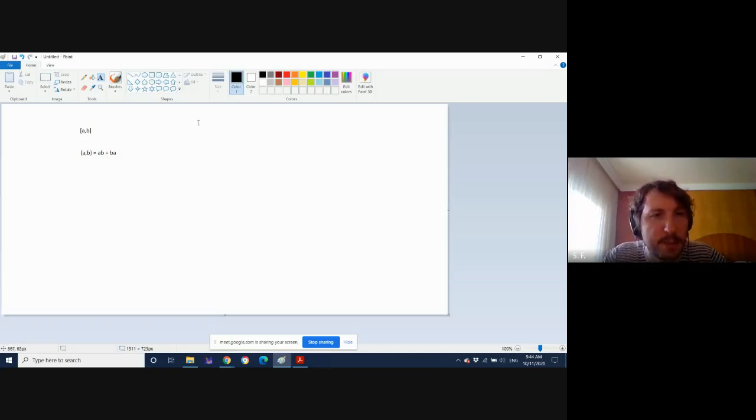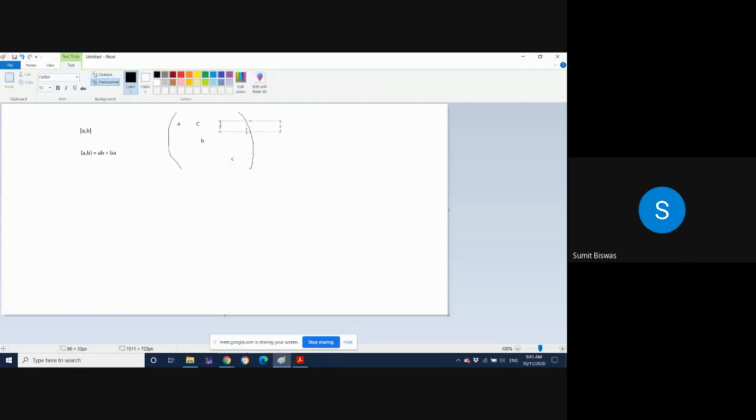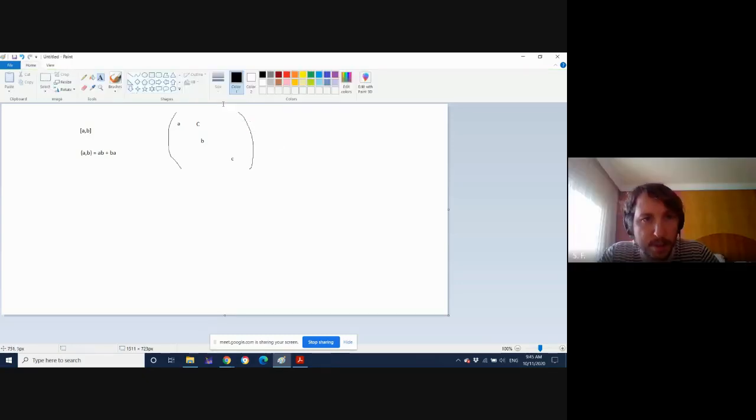And there's a very, very special Jordan algebra, which is built as 3x3 matrices where the entries are Octonion elements.